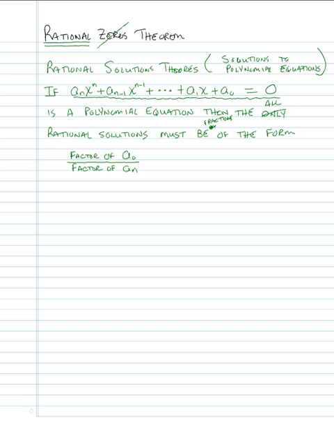Now, it doesn't mean any fraction that we make using those factors will be a solution, but all solutions of the equation will be of that form. So let's just stop and think about our last problem.